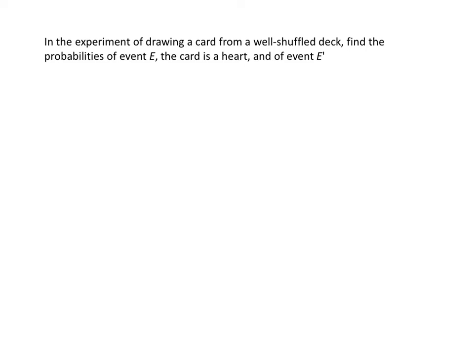So we'll try a problem on complements. In the experiment of drawing a card from a well-shuffled deck, find the probabilities of event E, the card is a heart, and of event E prime. So if we look at the probability of E, meaning the card is a heart, well, I've got 13 heart cards out of 52 total. And that gives me a probability of 1/4.